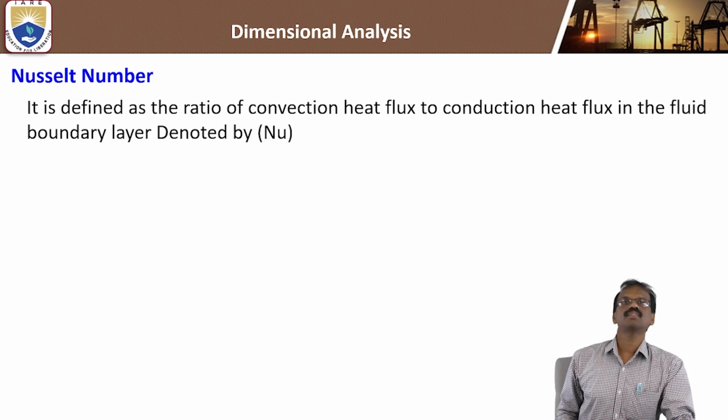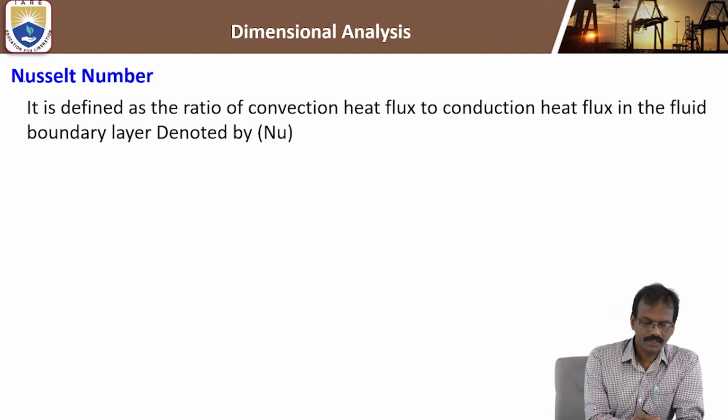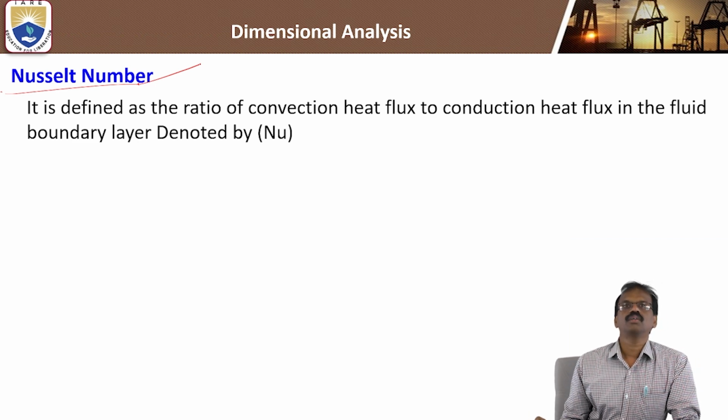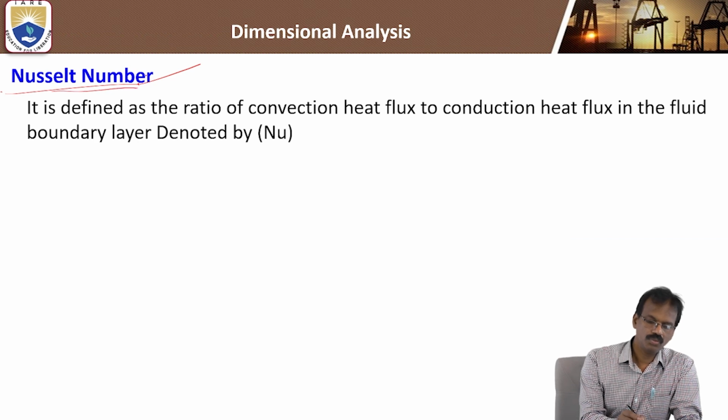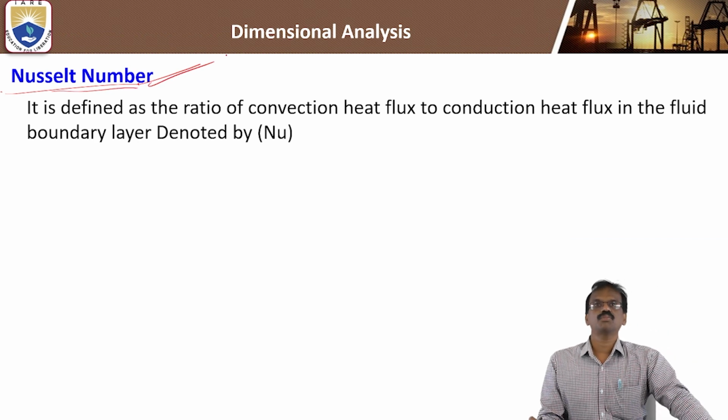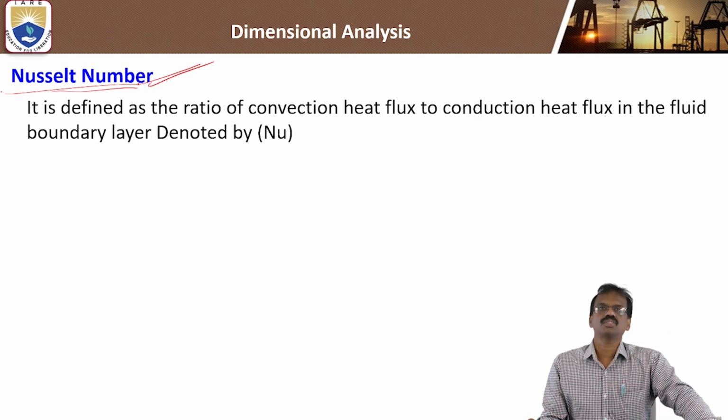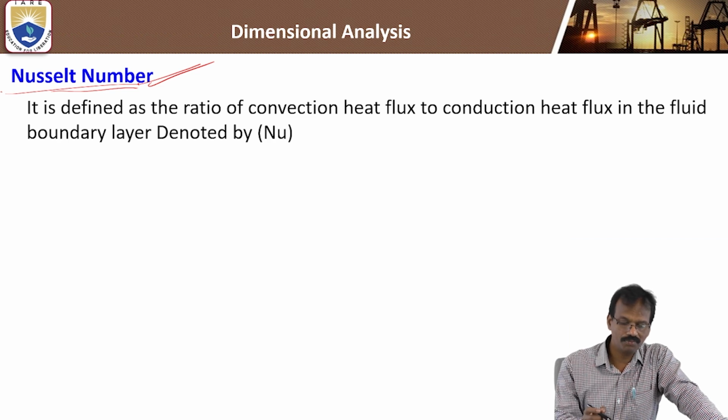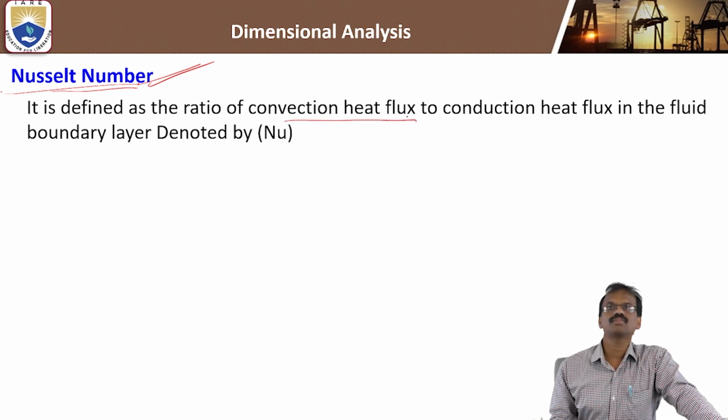Next is the Nusselt number. It applies in natural convection and forced convection also, so it is helpful to study both the natural convection process and the forced convection process. It is defined as the ratio of convection heat flux to conduction heat flux.